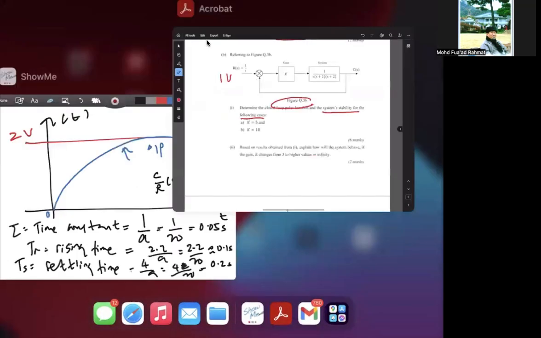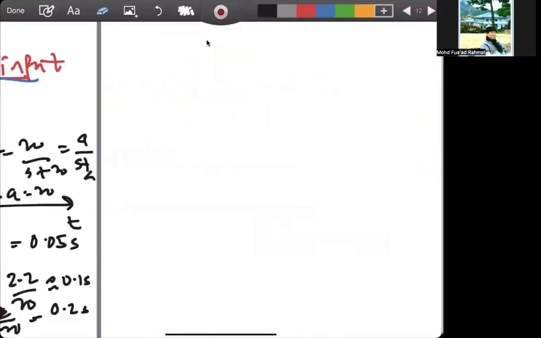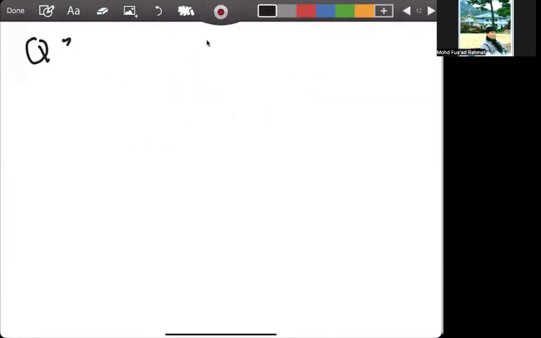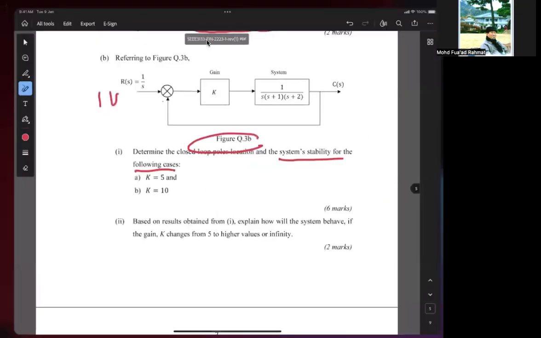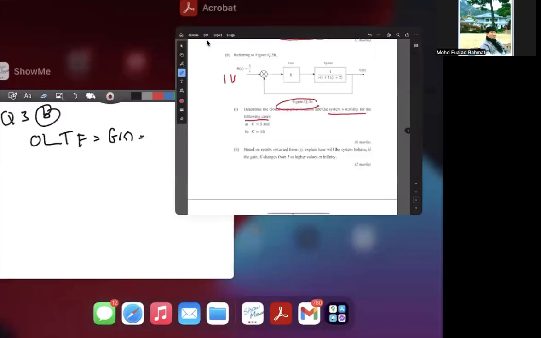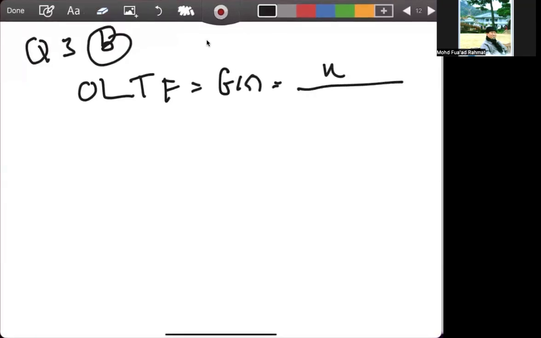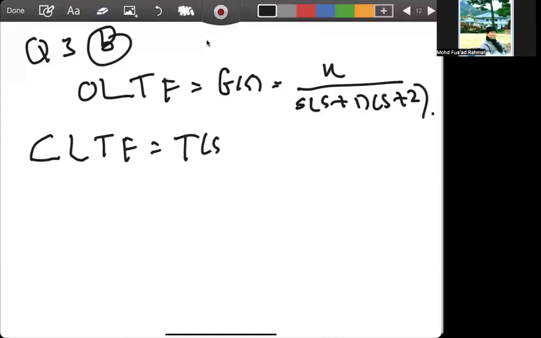So first we write the open loop transfer function. Question 3B, open loop transfer function, which is K over s plus 1 times s plus 2. Then find the closed loop transfer function, which includes the unity feedback.